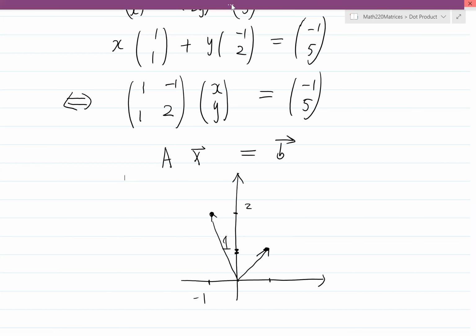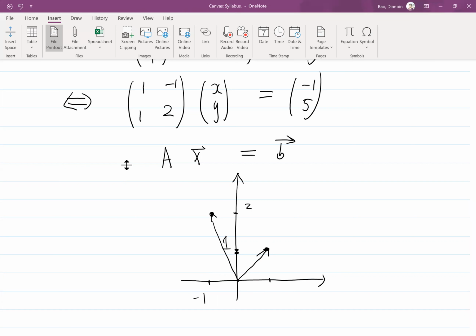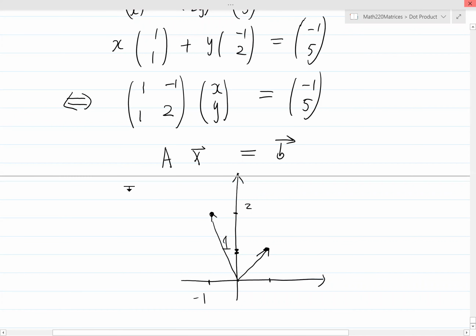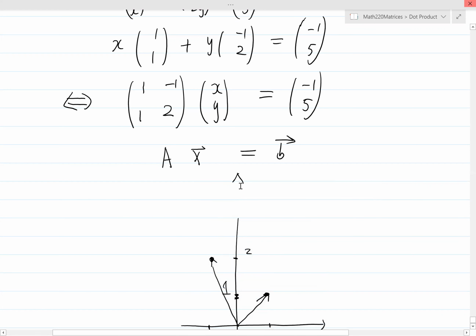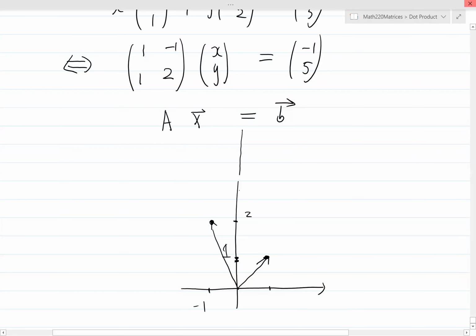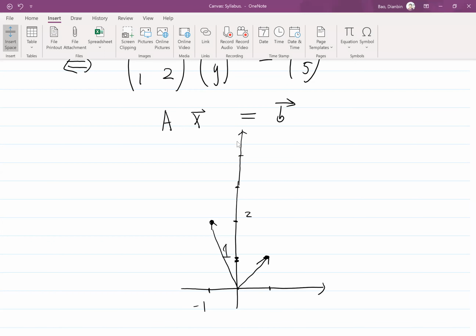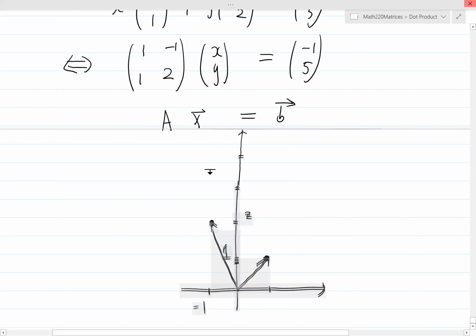Let me insert some space. So (-1, 5) is a vector here.